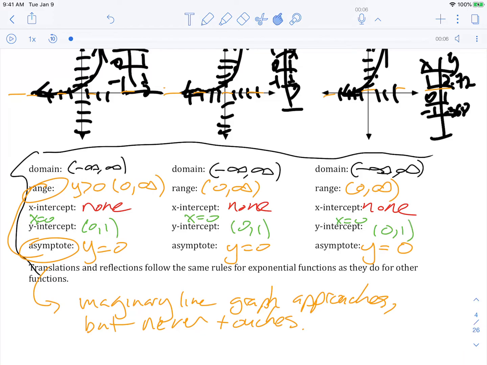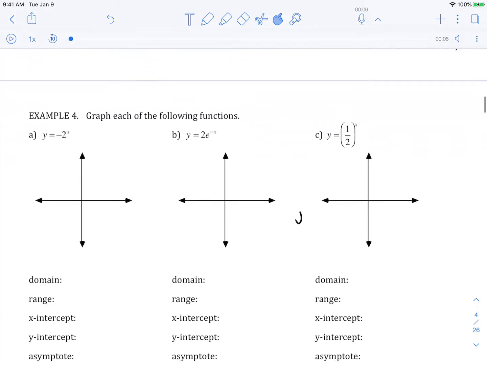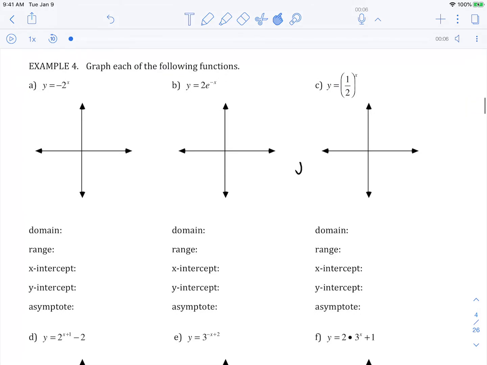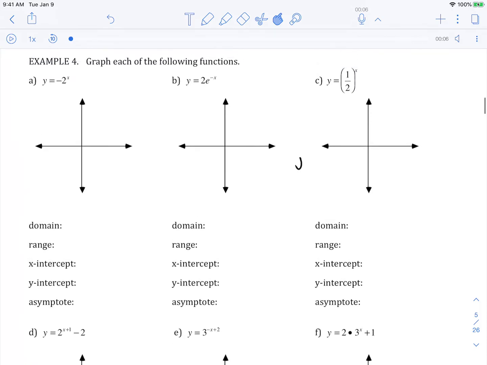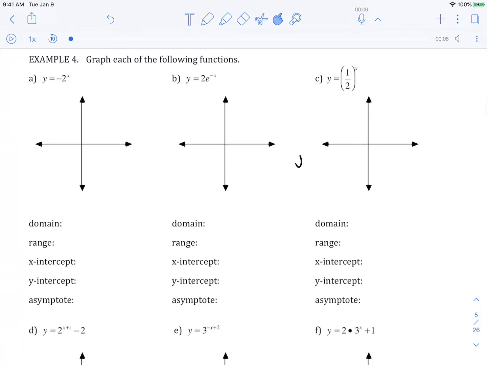All right, now, this is college algebra. This is not regular algebra. This is not advanced algebra. So we are going to be looking at more complex graphs. And for all of these, they all deal with the reflections and the shifts and the translations that we've talked about earlier. So like here, we have a reflection. Here is another reflection. Here is another kind of reflection we'll talk about.